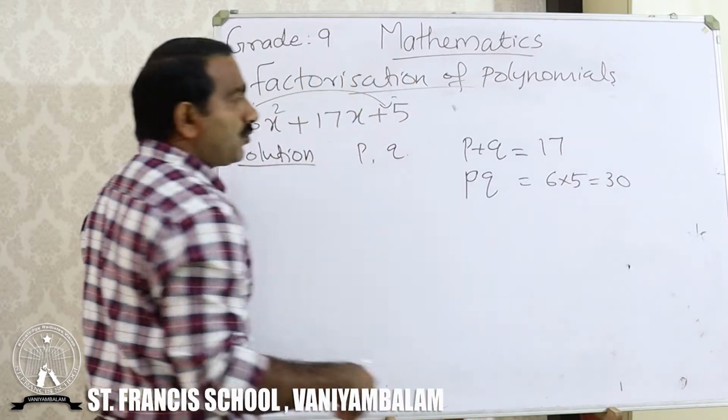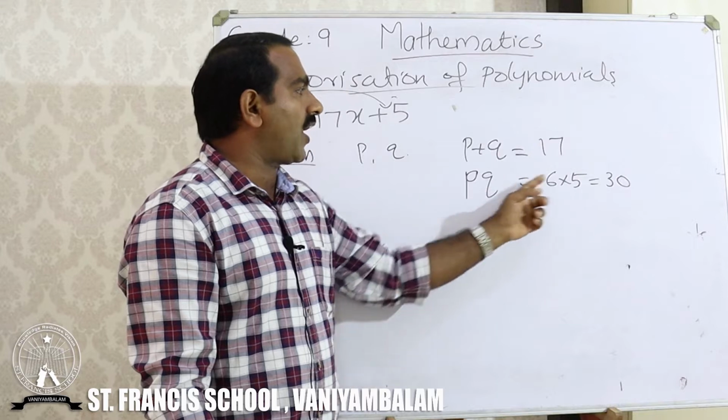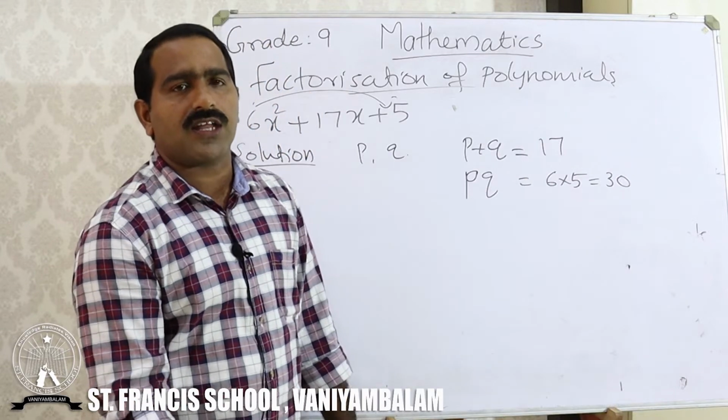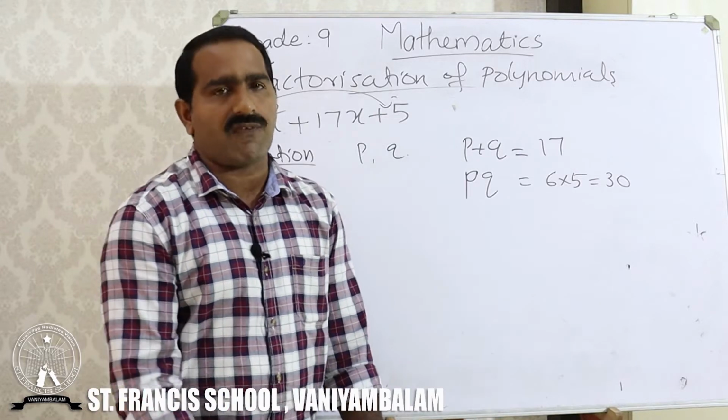So we have to find two numbers p and q with sum equal to 17 and product equal to 30. Then we can get the factors.